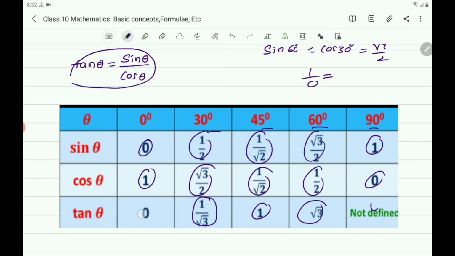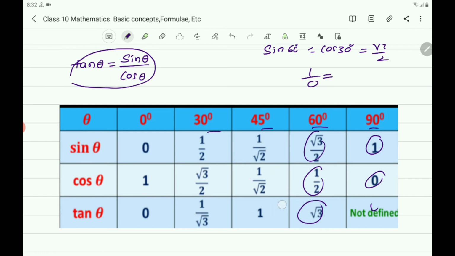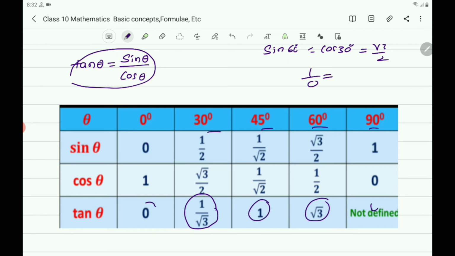So if you know the value of sin theta, then you can get the value of cos theta in reverse manner, and tan theta by dividing this by this. Sin 0 by cos 0 is tan 0. But you can keep in your mind here, tan 30 is 1 by root 3, tan 60 is root 3, tan 45 is 1 and this is 0.